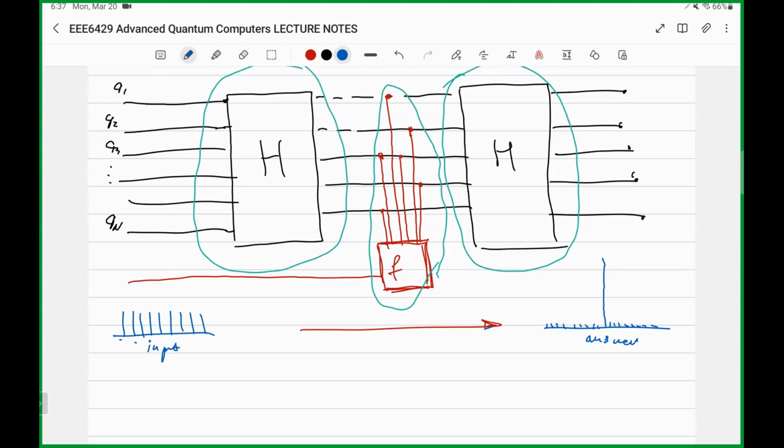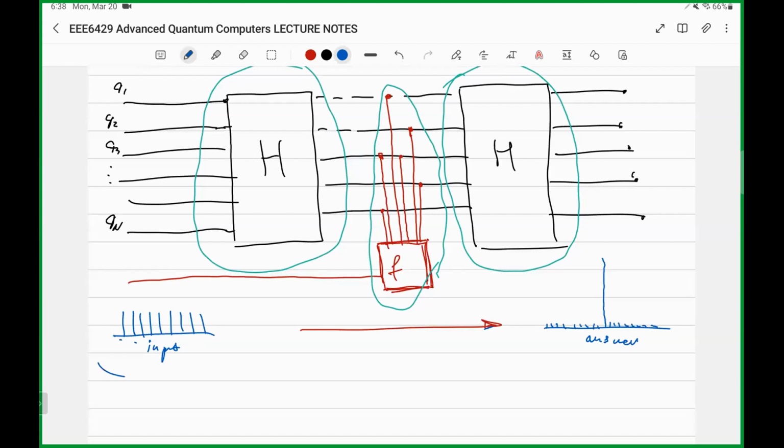So a lot of people, quantum software engineers, try to come up with different quantum algorithms that utilize this approach of quantum interference to achieve something like this.